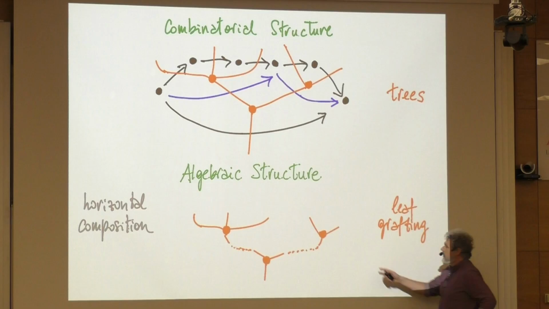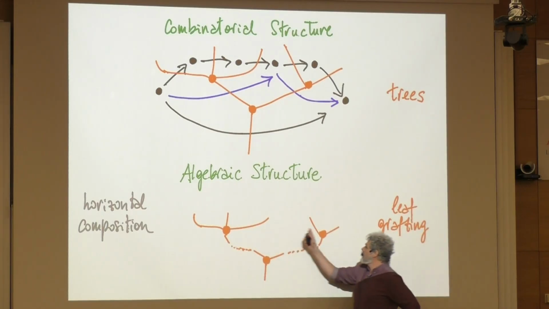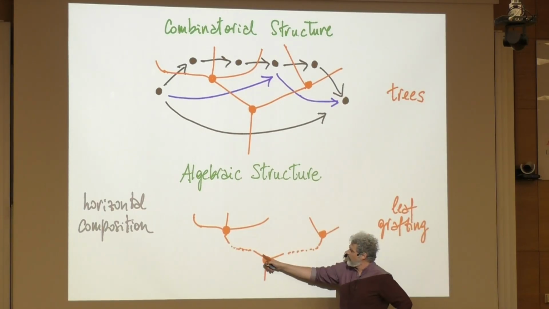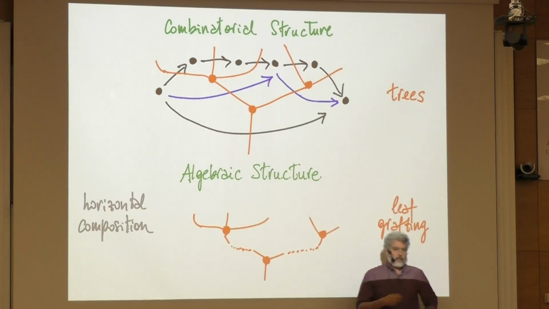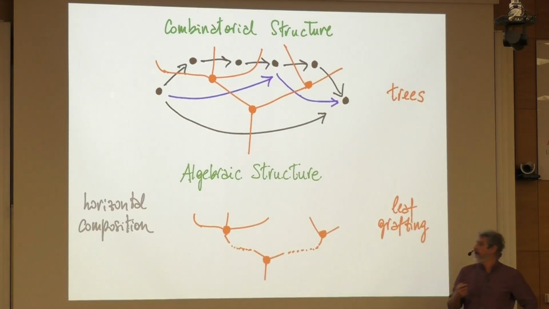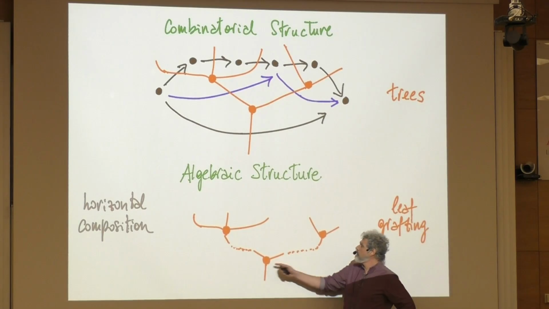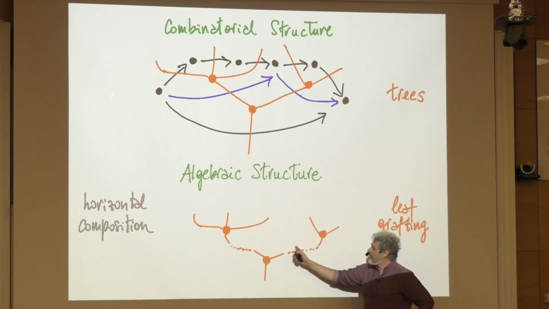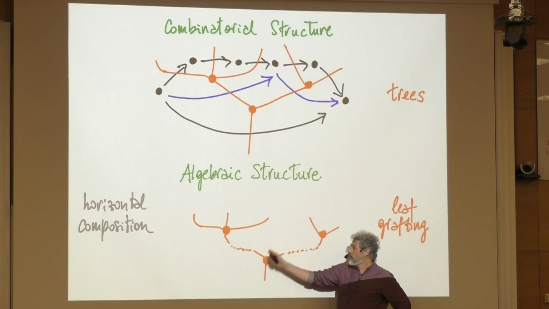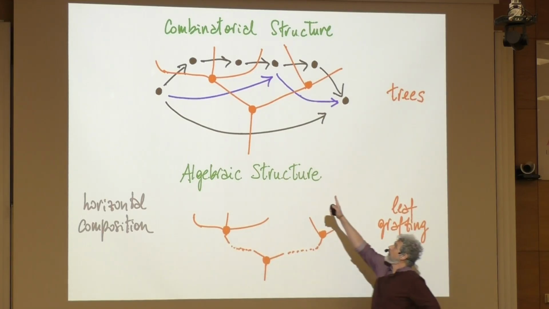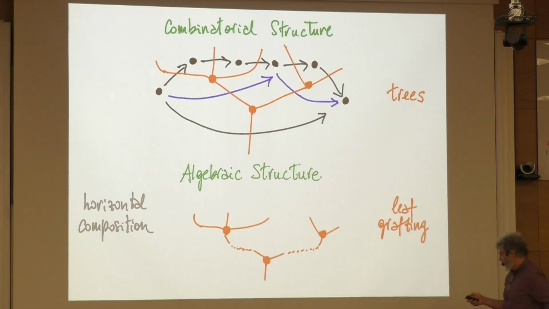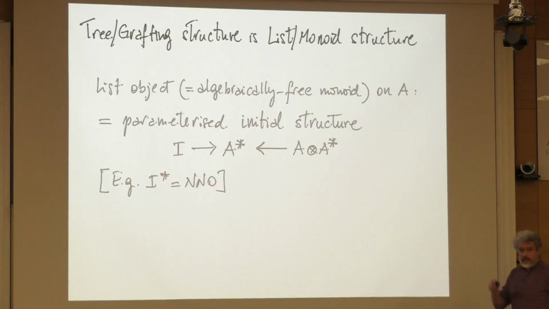So I have 2 trees that are grafted into this corolla of arity 2. If you think algebraically in terms of operators, you have an operator of arity 2, and operations of arity respectively 3 and 4 are substituted into this operation of arity 2 to give me a new operation of arity 5. The first thing I want to stress is that this grafting, even though we are performing it on trees, is really list structure.